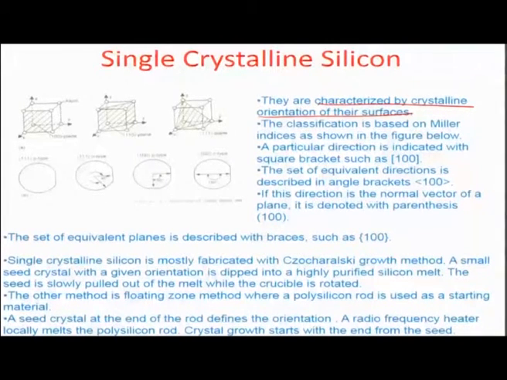The classification is based on what we otherwise know as Miller indices, and it is quite clear here in the figure. For example, the 100 direction corresponds to 1 along the x axis, 0 on the y axis, and 0 along the z axis. That means the direction which is red highlighted in this particular case.